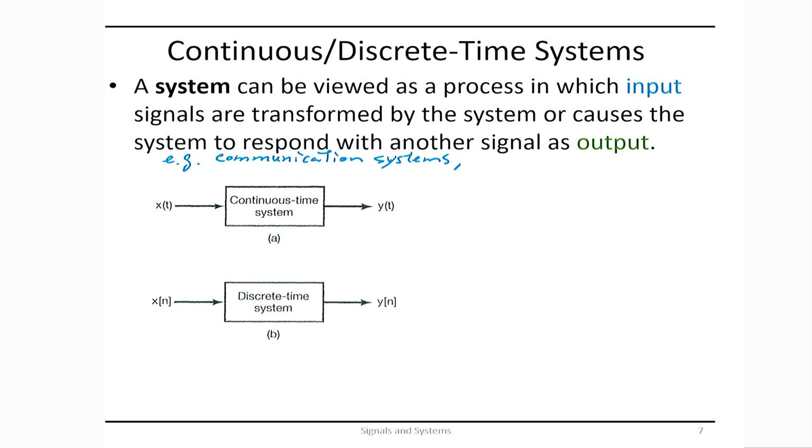Then through some encoding and modulation, you output a signal that is suitable for transmission through the channel. This channel could be a wireless channel, or it could be a wireline channel, formed by either coaxial cables or telephone lines.